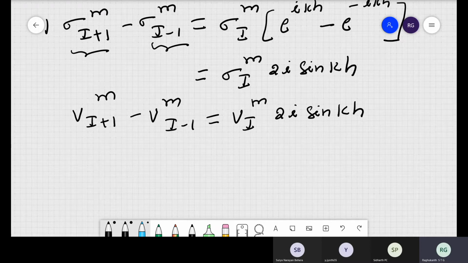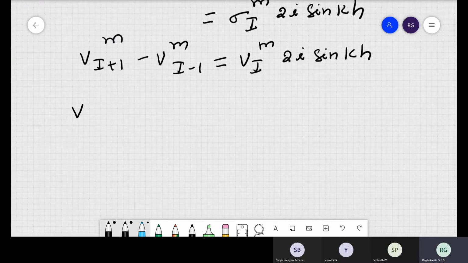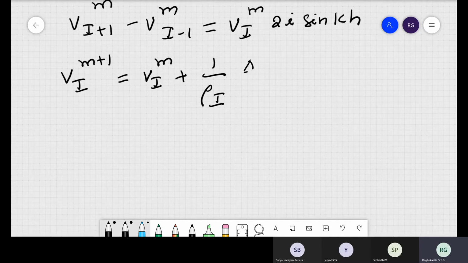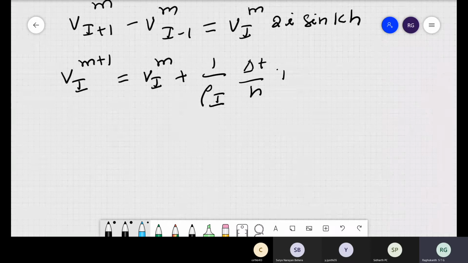Now you substitute in the above equations. One can write v_i^(m+1) as v_i^m plus 1 by rho_i, where rho is nothing but the density, times delta t by h, times sigma_i^m times i sine kh.